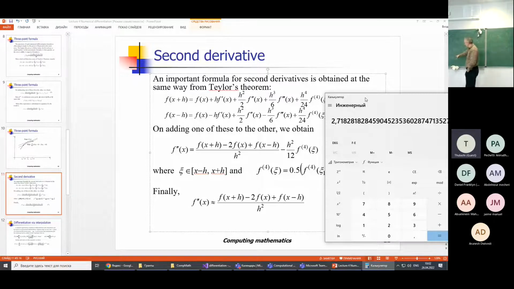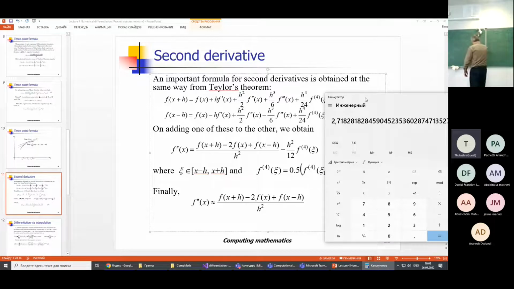In this case, the exact value is e, 2.718, and so on. And this formula gives us a value that is close to the real one, 2.7, and the difference is at the second digit after the decimal point.